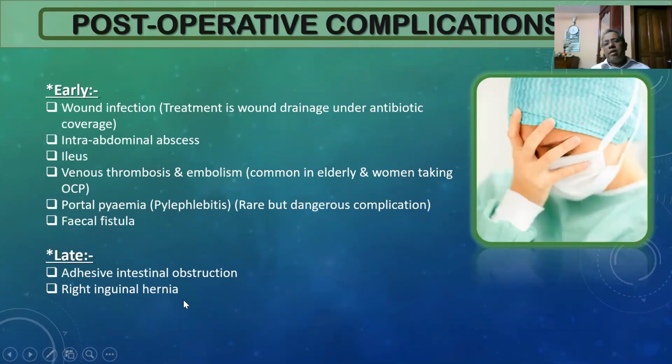The answer is that during open appendicectomy, they divide the external oblique, internal oblique, and transversus muscles. During dissection of the muscles, they injure the ilioinguinal nerve. That ilioinguinal nerve supplies the lower part of the abdominal wall.